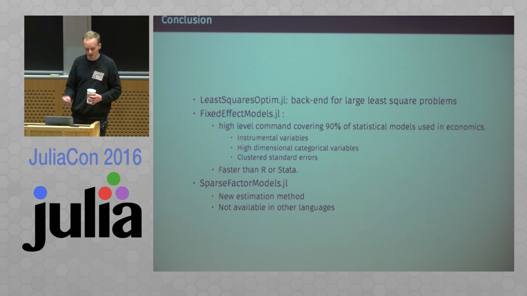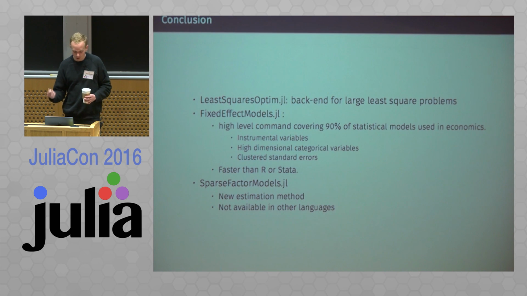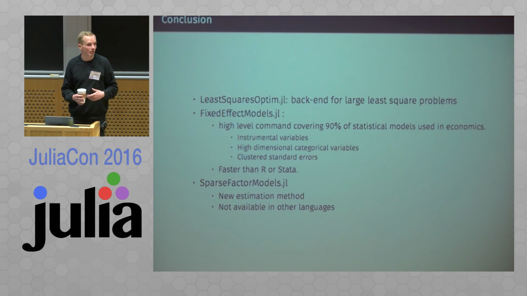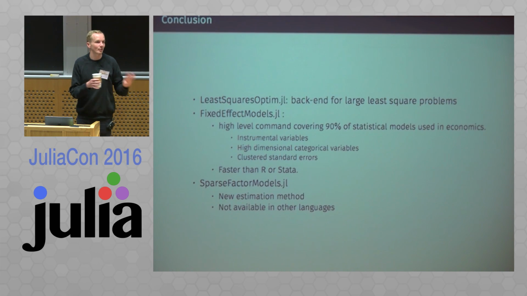The second is sparse factor models, the things that you saw where I have to estimate these nonlinear least squares with factors that control for omitted factor models. So this is a new estimation method that is not available in other languages. And I actually received emails from people asking about this package, which is also in Stata, but I've coded it in Stata and it's very slow. It doesn't work very well, and so it's basically a Trojan horse.